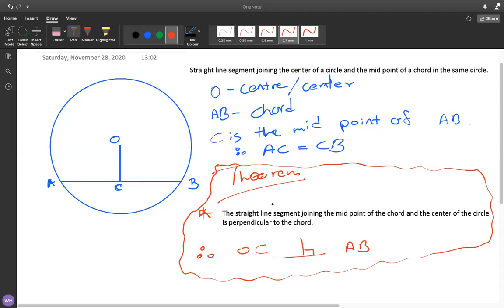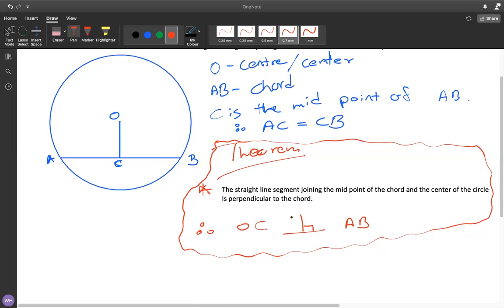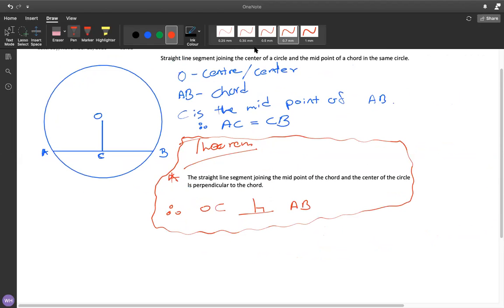All right. So with this theorem, I would like to go to the formal proof of the theorem. Please write this. Has everyone written this? May I erase this part?